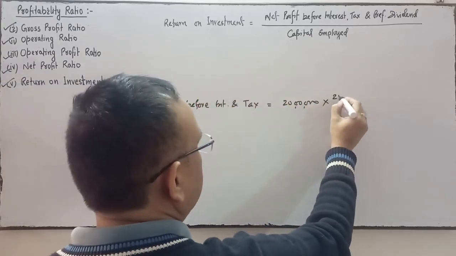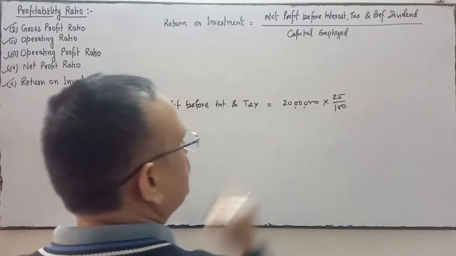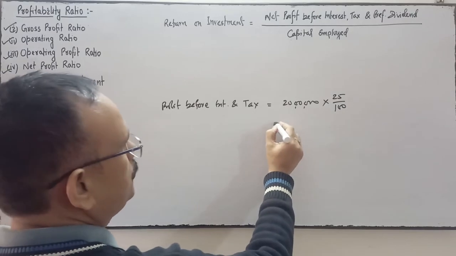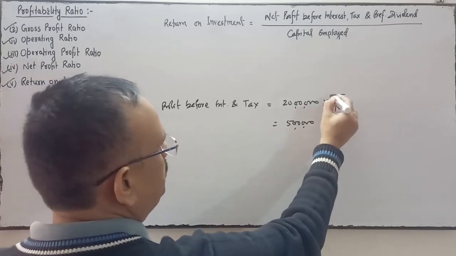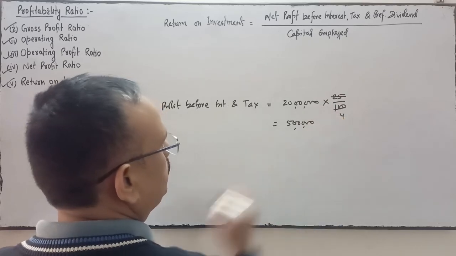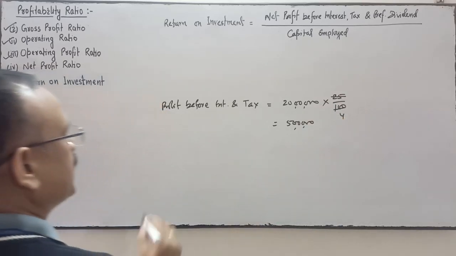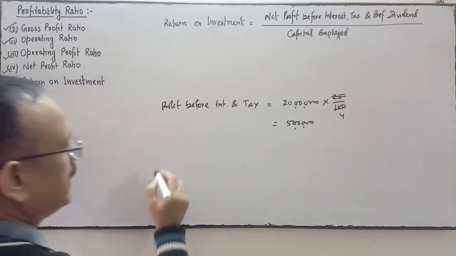ROI is 25% return on investment. So it is 5 lakhs profit before interest and tax.